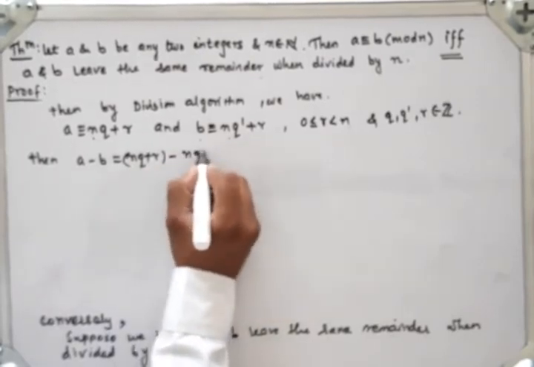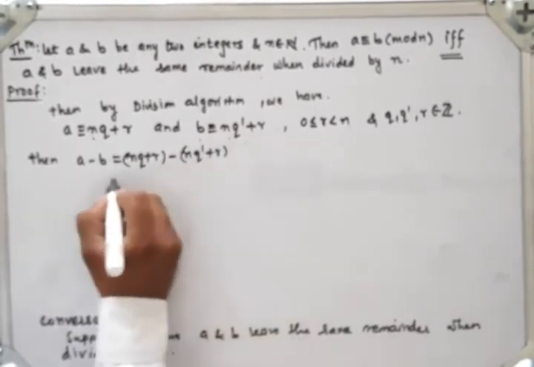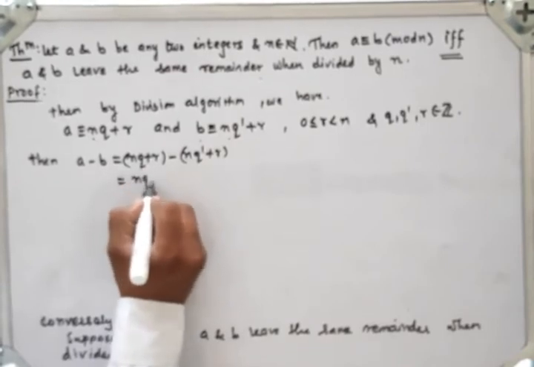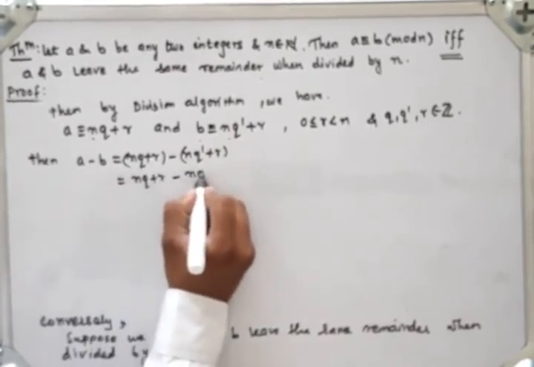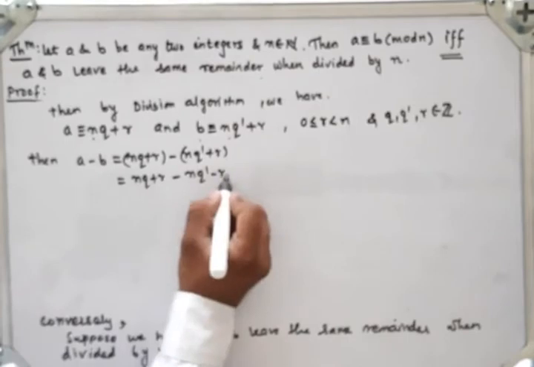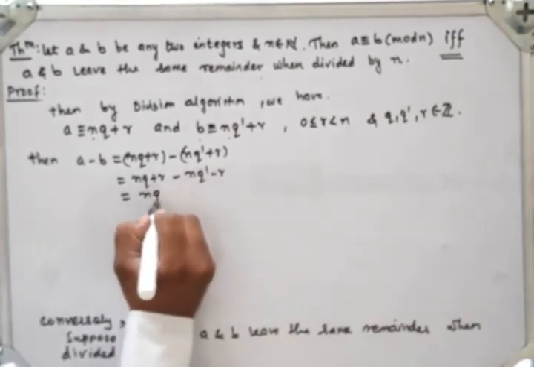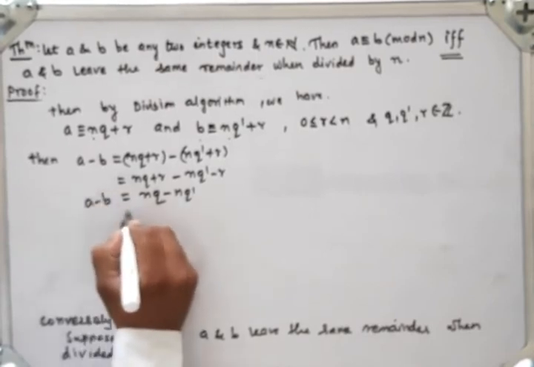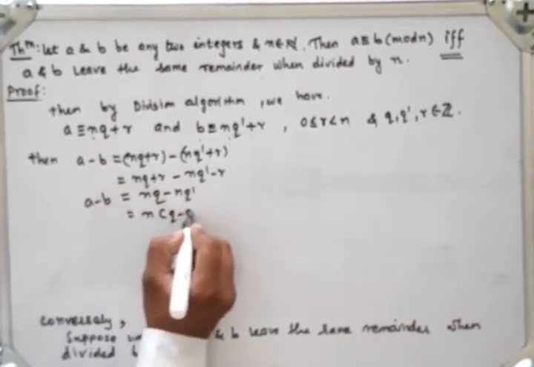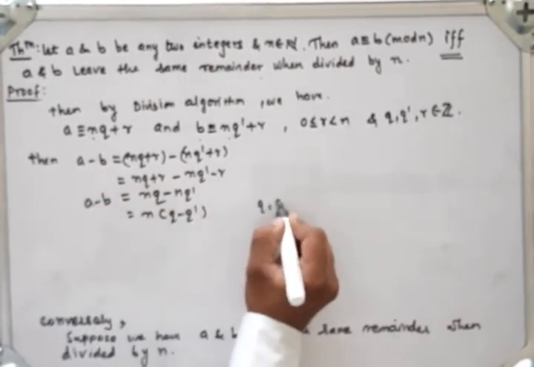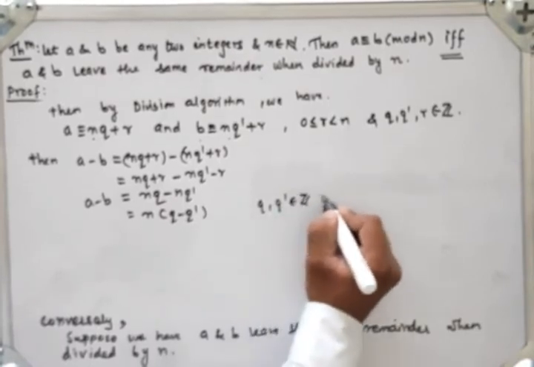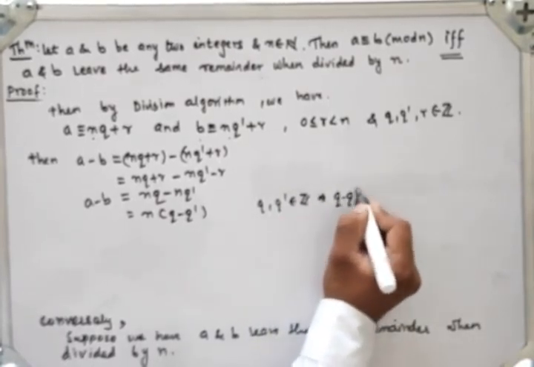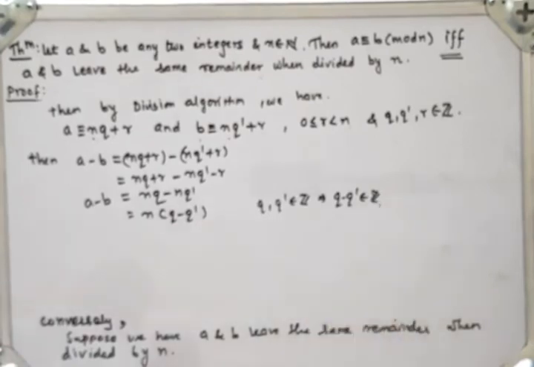So a − b = nq + r − nq' − r. The r − r cancels, so the remaining term is nq − nq'. So a − b is n(q − q'). Since q' belongs to the set of integers, q − q' again belongs to the set of integers, right?